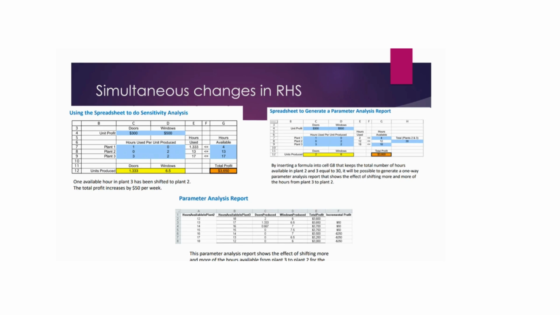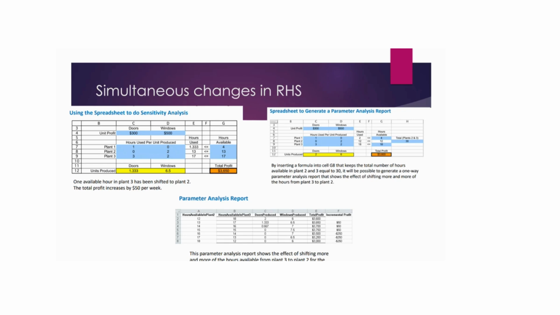And the total profit increases by $50 per week. What used to be $3,600 has now increased to $3,650. So that's the effect of shifting 1 hour from plant 3 to plant 2.